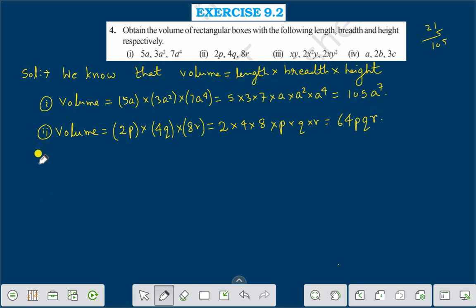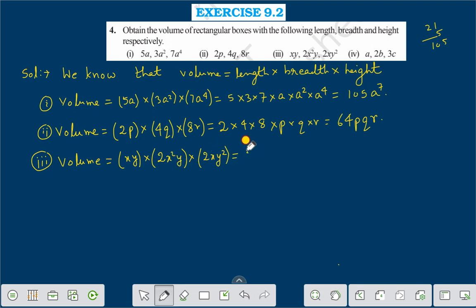Question number 3: volume is equal to length into breadth into height, that is xy into 2x square y into 2xy square.